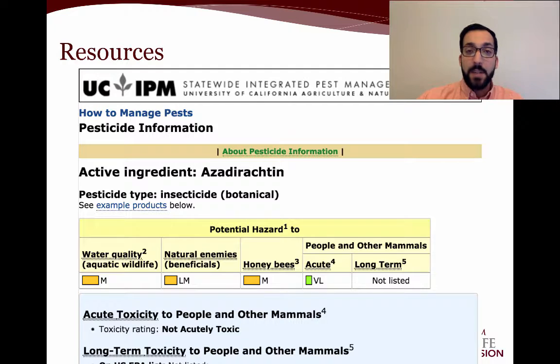UC IPM also has a great resource where you can look up the active ingredient on an insecticide, in this case azadirachtin, and it'll tell you about the impact on water quality, natural enemies, honeybees, and also people and other mammals. So azadirachtin on water quality is medium, natural enemies low to medium, so very low toxicity to non-target organisms.